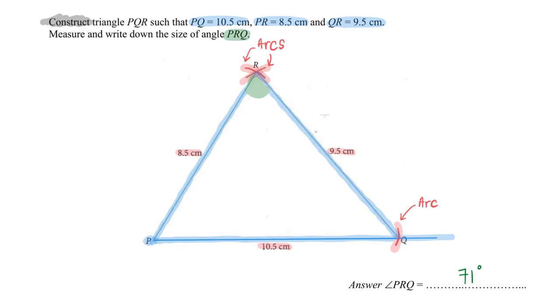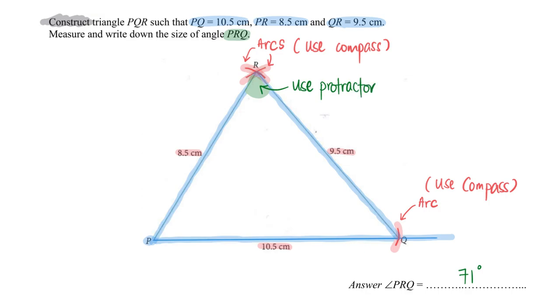For all these arcs, do remember to use a compass for all the arcs to construct lines. And when we need to measure an angle, use a protractor. And let's move on to the next question.